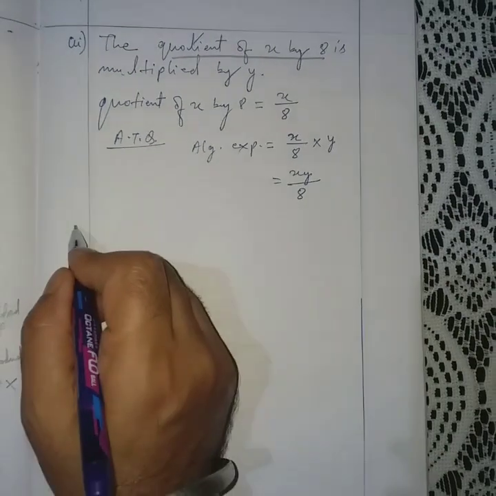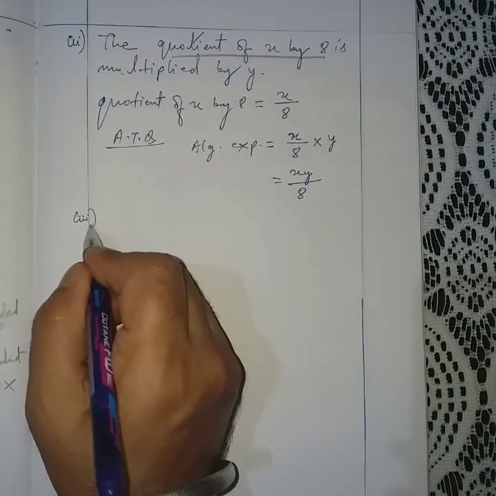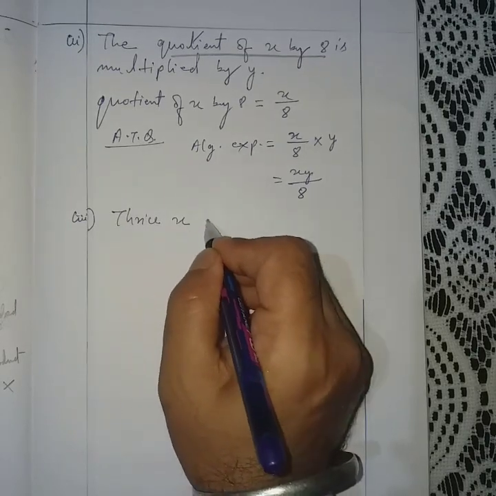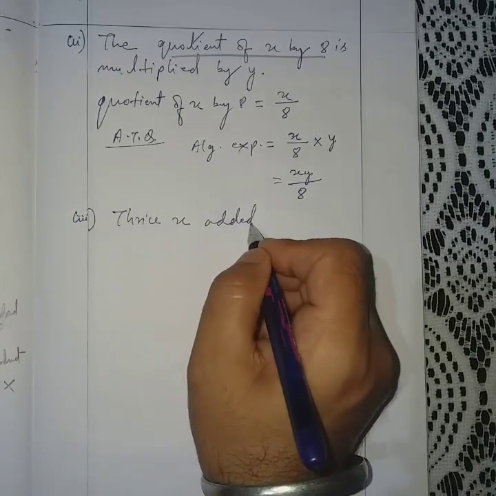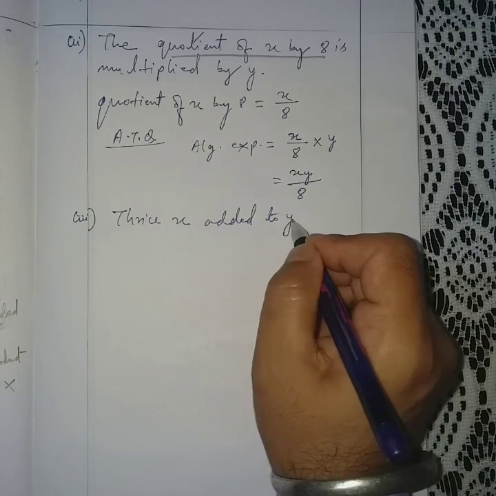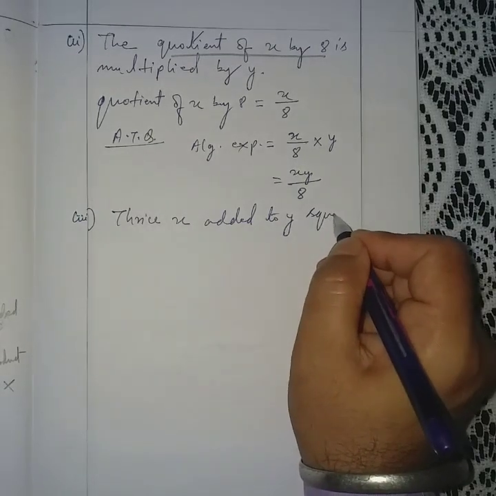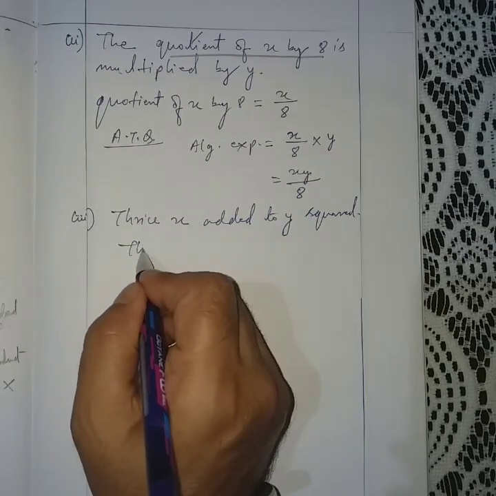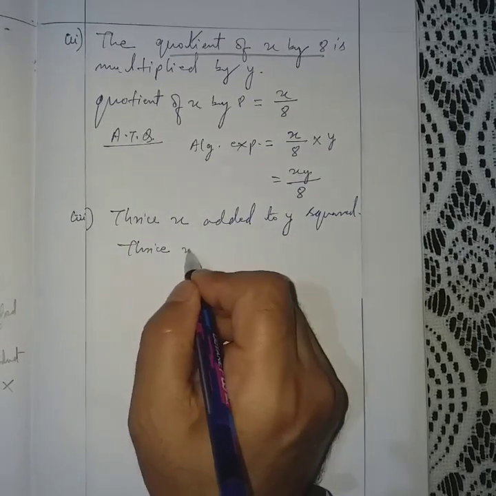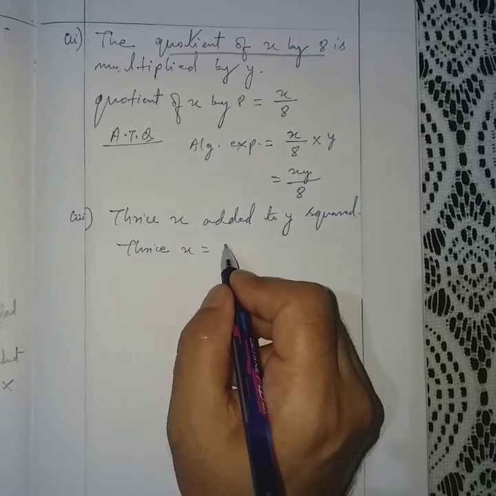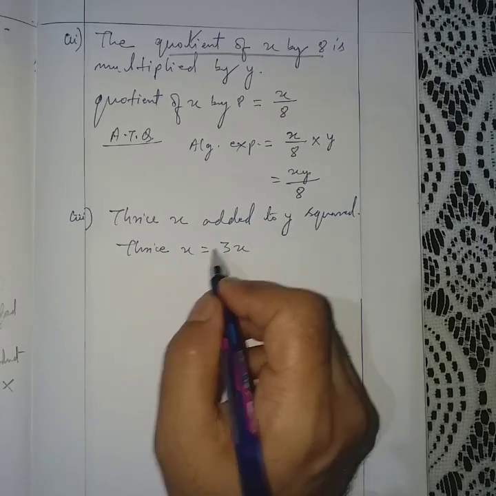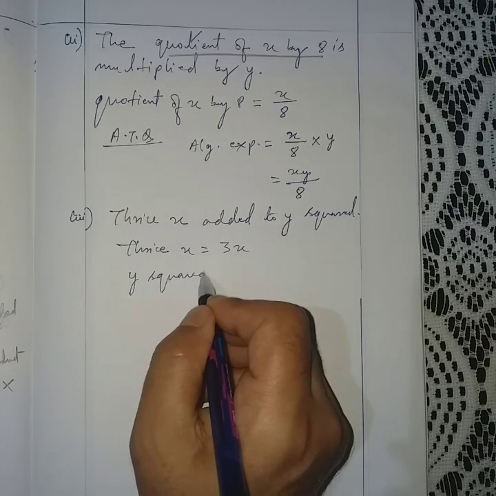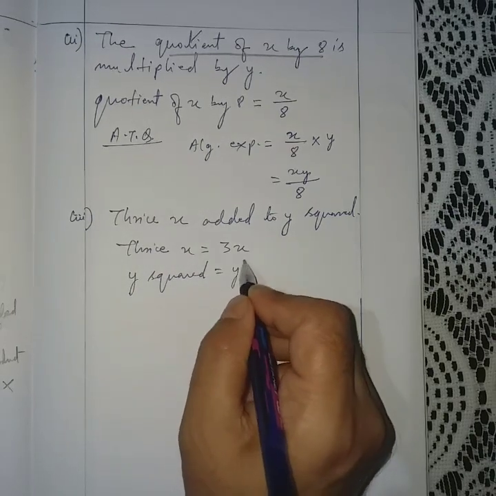Next is number 3. Thrice x added to y squared. Thrice x means 3x. Y squared means y square.